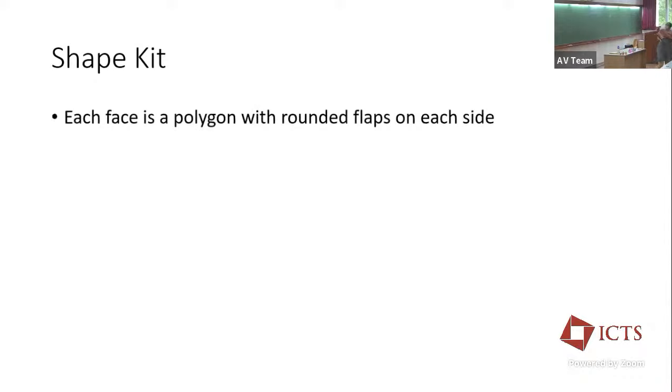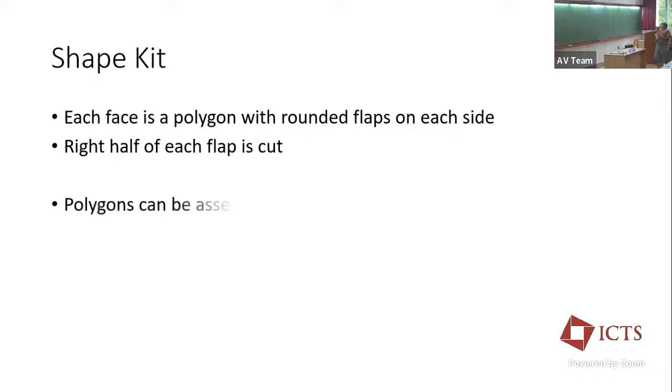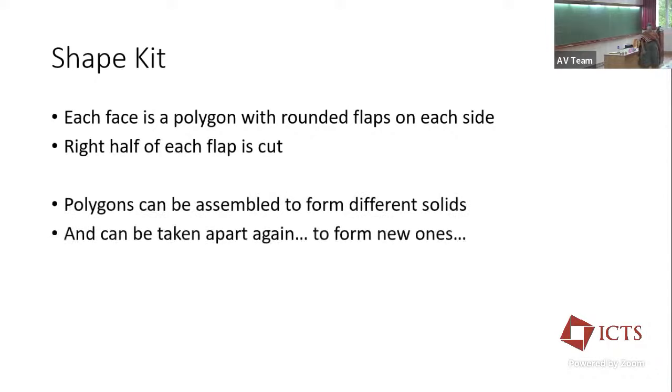So the kit will have a collection of polygons, not necessarily regular polygons, but polygons with rounded flaps on each side. And those flaps will be cut halfway. What do you do with them? You join them together to form different solids, and pull them apart gently so that you can make other new ones also.